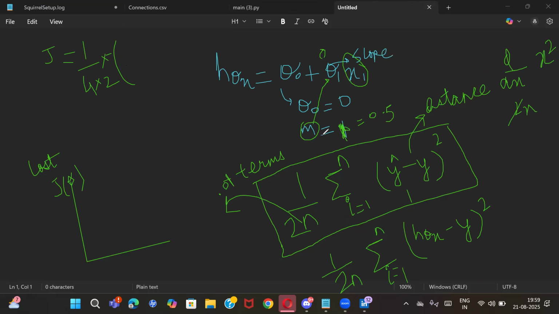So it will be 1 minus, predicted point minus my actual point.